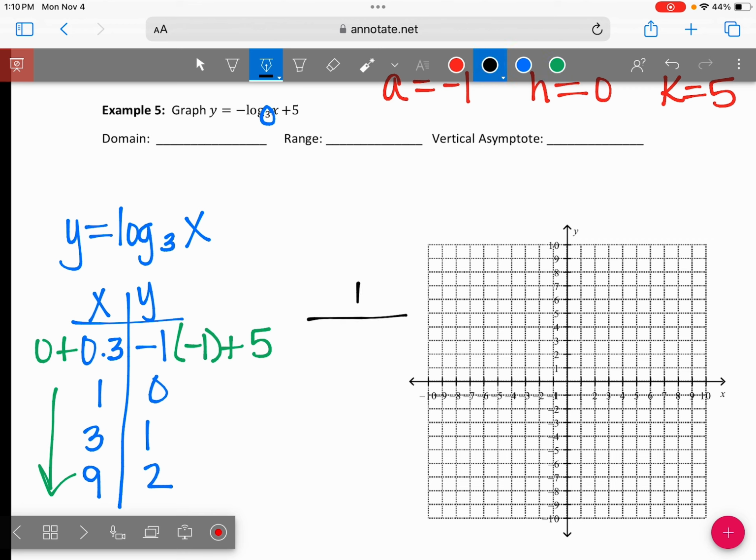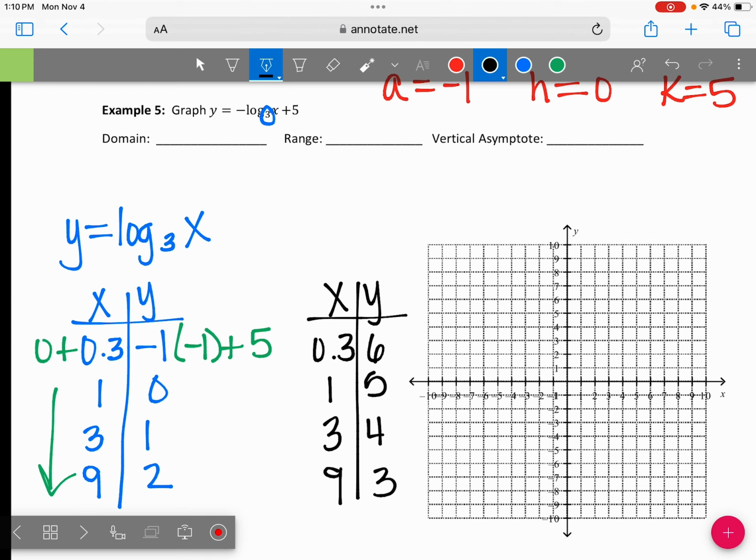So go ahead and take a moment and apply your transformations to Y. So this one is going to look like an upside down R.